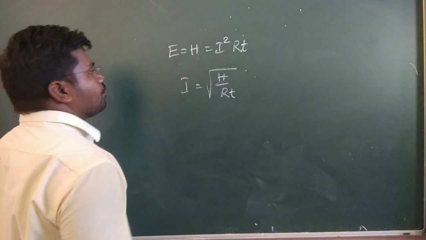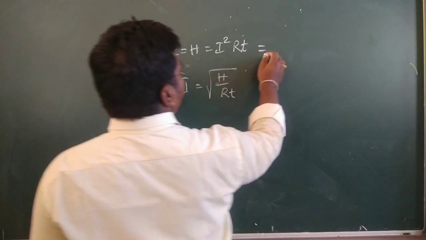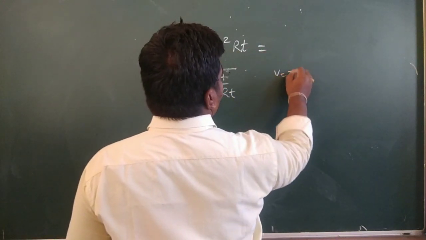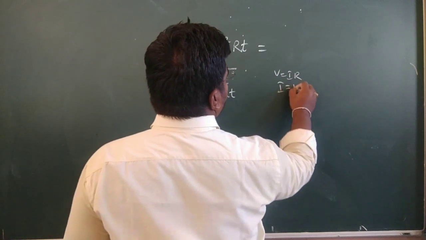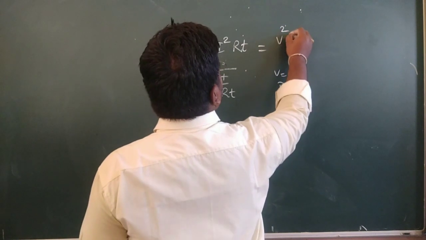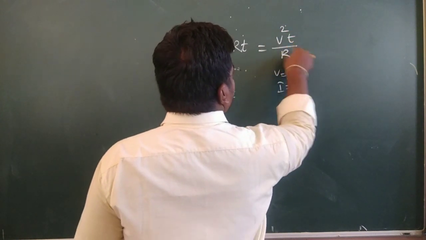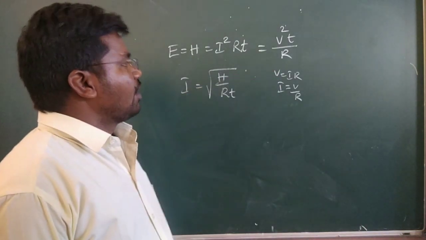Next, from the same, if we use V is equal to IR or I is equal to V by R, we can get the expression V square T by R.